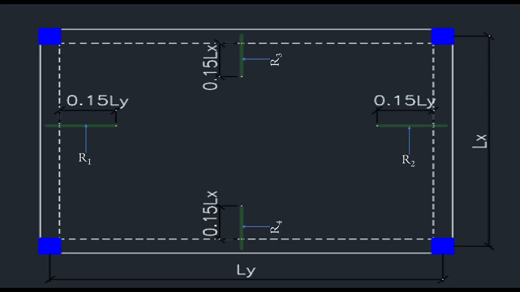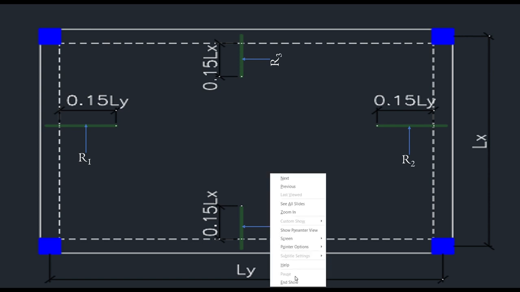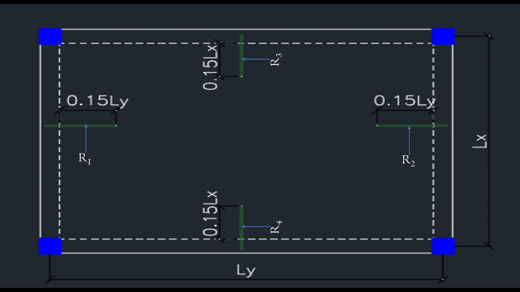To detail the top reinforcement, as we have explained earlier, the top reinforcement are the R1, R2, R3, and R4. When the slab is discontinuous, what do we mean by a discontinuous slab? A discontinuous slab means that the slab is not attached to another slab. So in that sense, you say the slab is discontinuous.